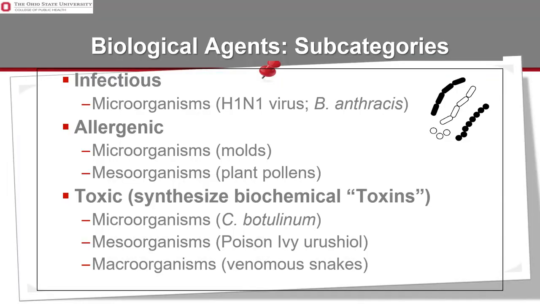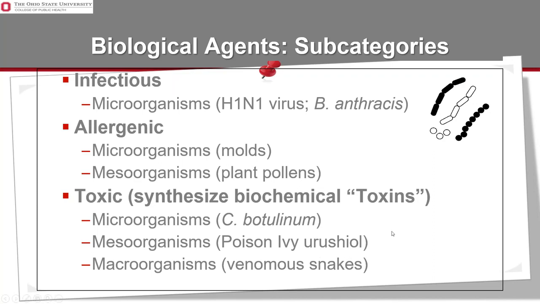And this slide shows the subcategories of biological agents in a little more detail. Most of the focus in environmental public health is at the microbial level, not so much on mesoorganisms such as plant pollens, or even macroorganisms such as venomous snakes and so forth.